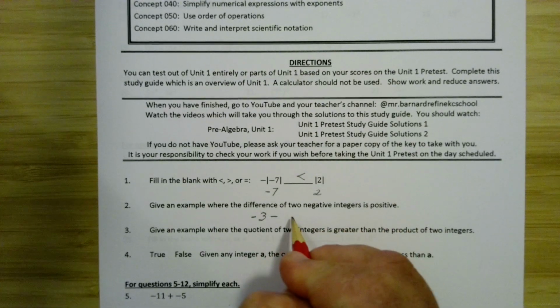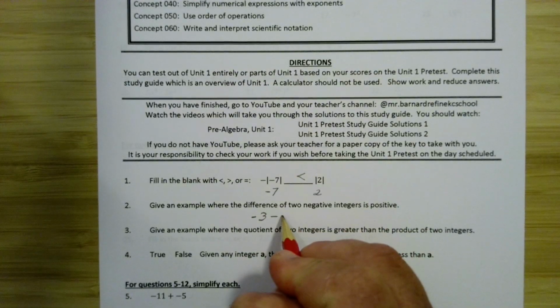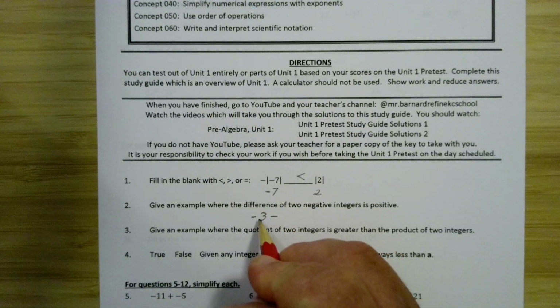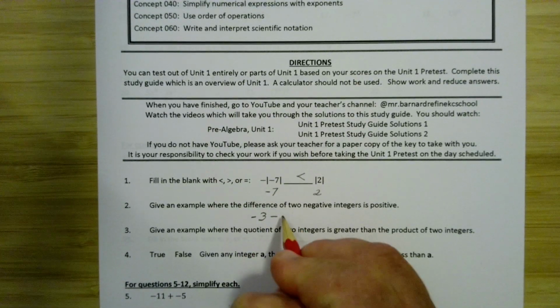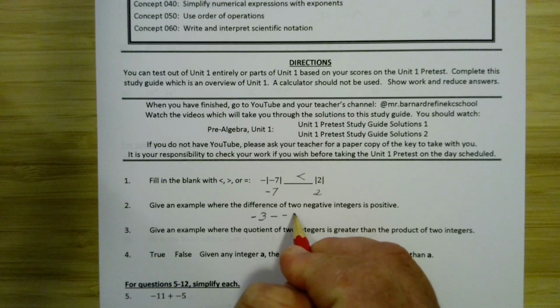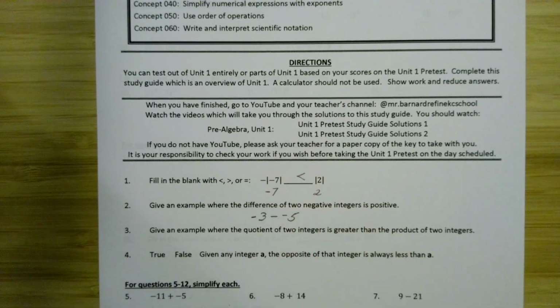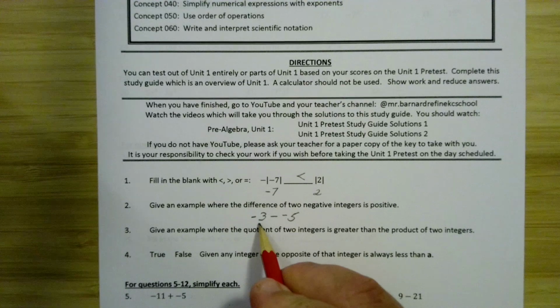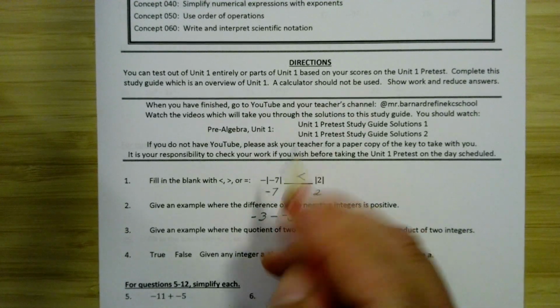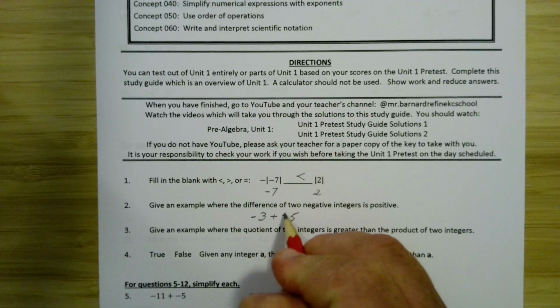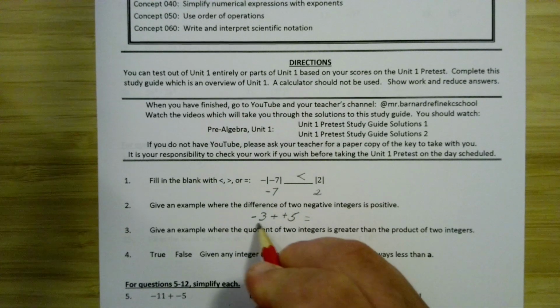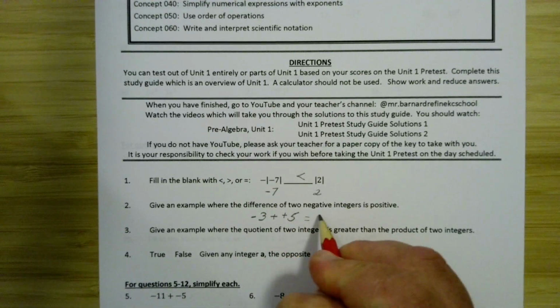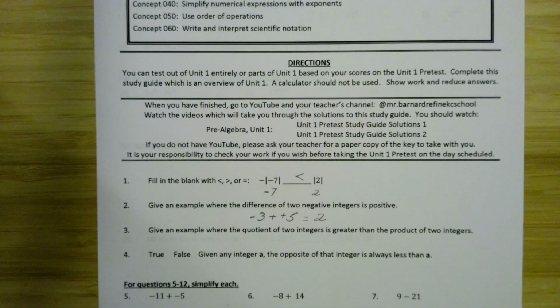So the second integer needs to have an absolute value bigger than the first. Let's put -5 here and try it out. We have -3 minus -5, so if we add the opposite, we have -3 plus 5, and we get a positive result. So that works.